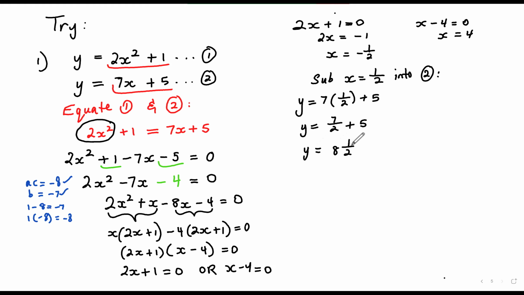Right? And then you substitute x is equal to 4 into equation 2 as well. So that would mean y is equal to 7 times 4 plus 5. So y is equal to 7 times 4 is 28 plus 5 is 33.